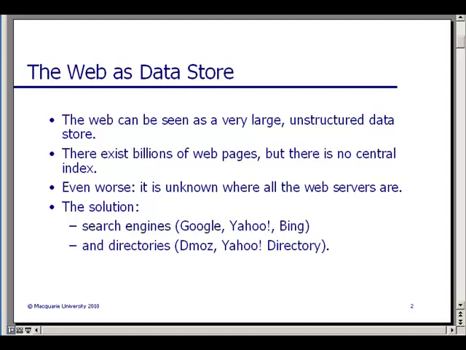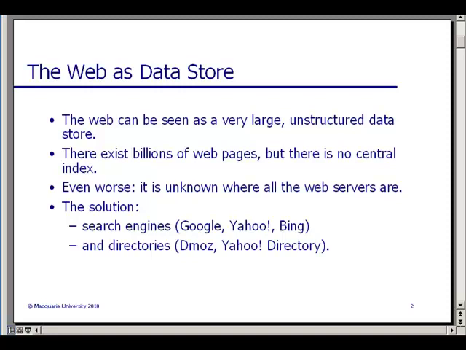So the problem is that these web pages are changed, new web pages are created, web pages are deleted, and we have to deal here somehow with a moving target. So we need to have a mechanism to build such an index somehow dynamically and update this index all the time, so that we can do some search over this index. But the situation is really bad, because we don't even know where all the web servers are.